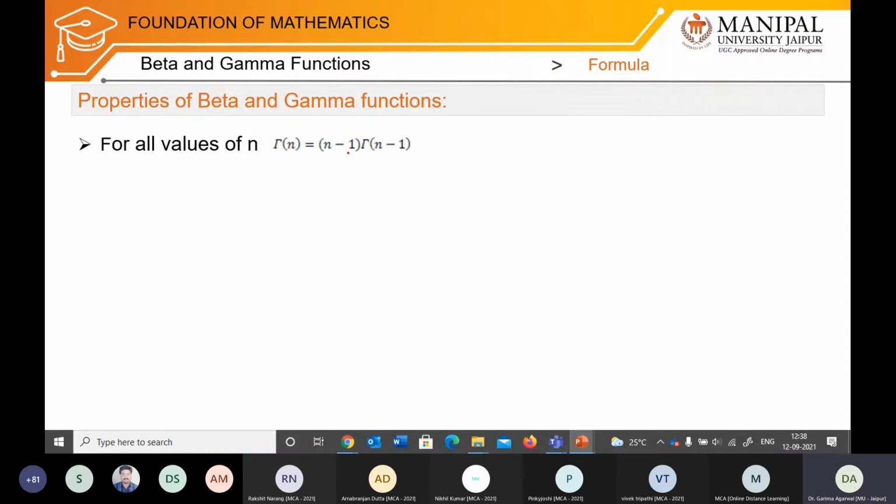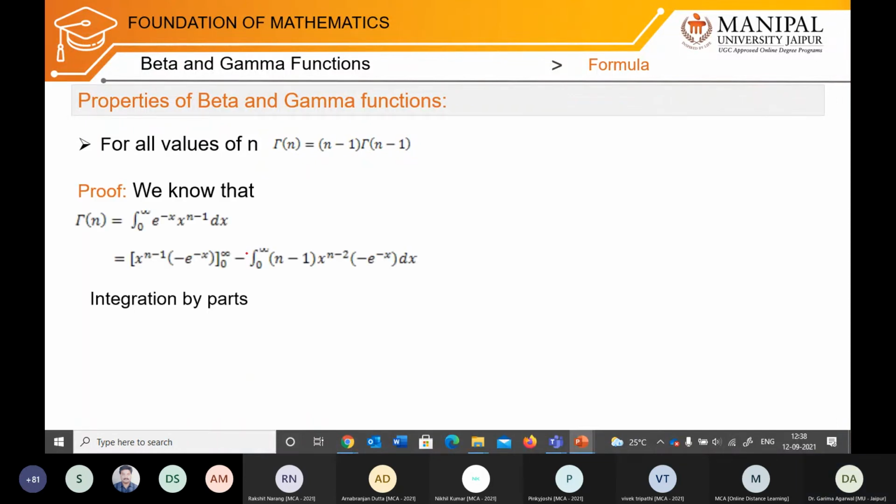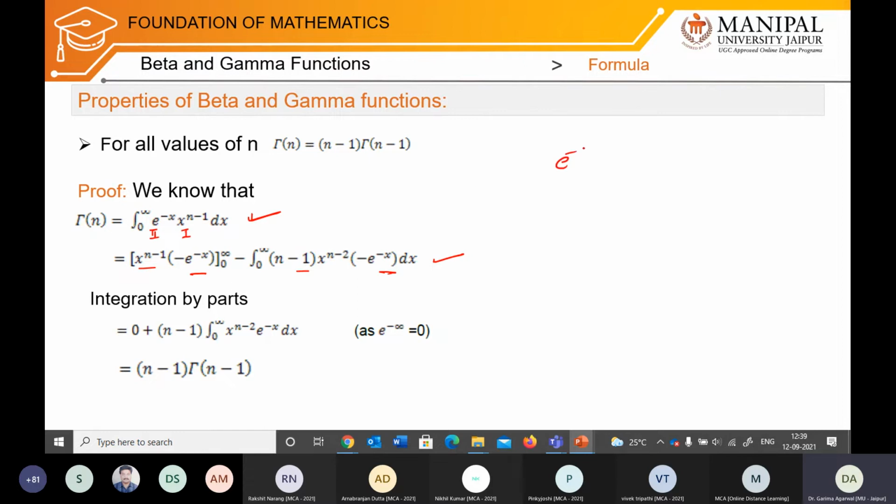Now gamma n is n minus 1 gamma n minus 1. Gamma n is 0 to infinity e raised to minus x, x raised to n minus 1 dx. This is the formula. Then we integrate it by using the integration by parts formula: first as it is, second integration, minus integration of first differentiation, second integration. Then we apply the limits. E raised to minus infinity is 0. So when we apply this upper limit, it will convert into 0, right?